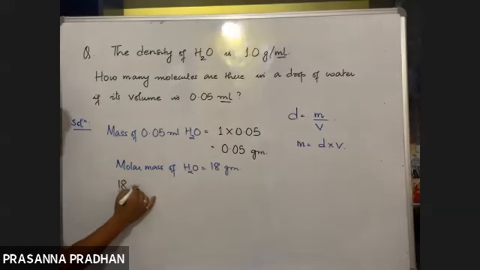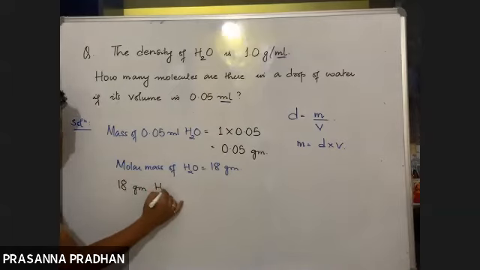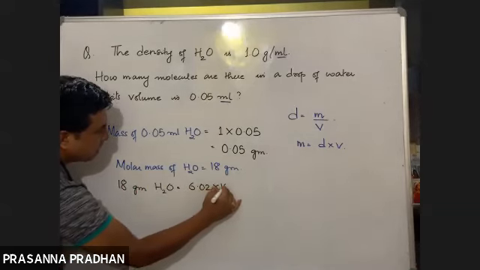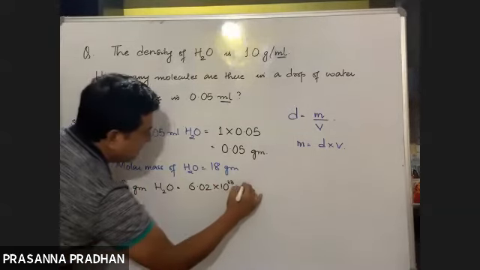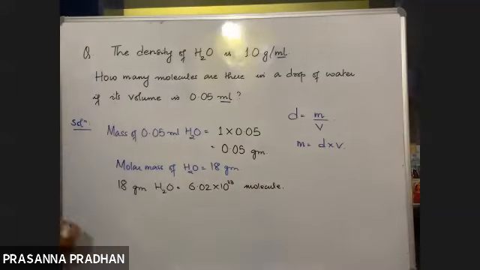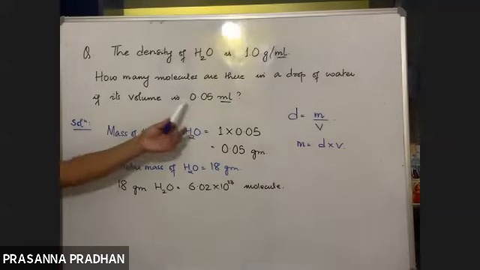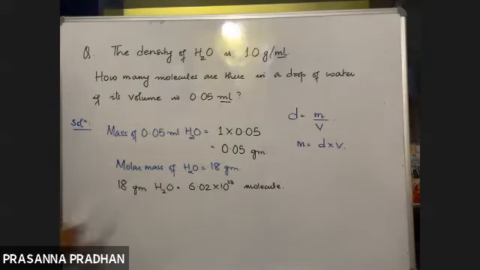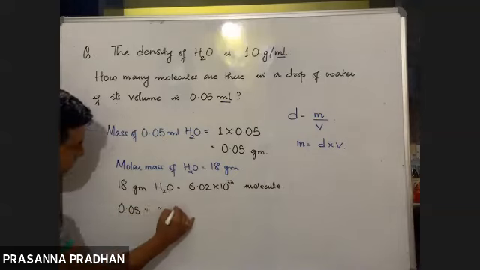So 18 gram of water contains Avogadro number of water molecules. What is the mass of 0.05 ml of water? It's 0.05 gram.